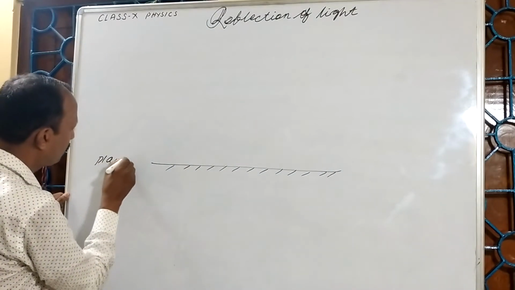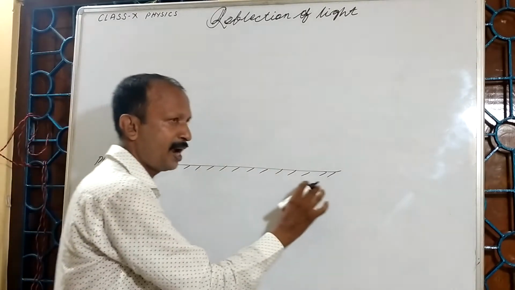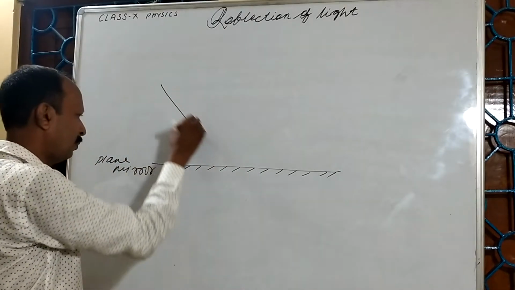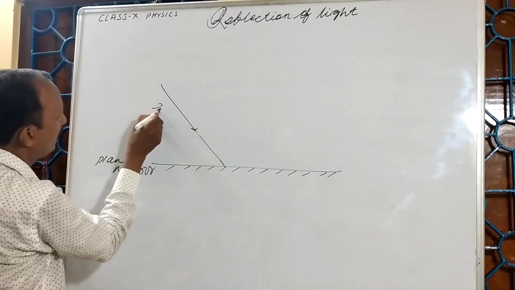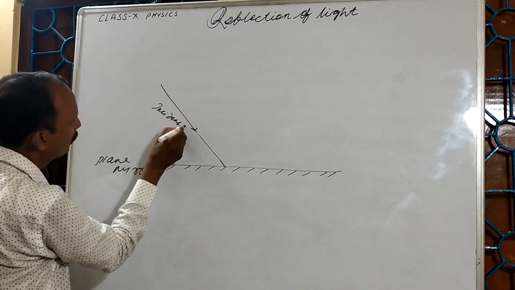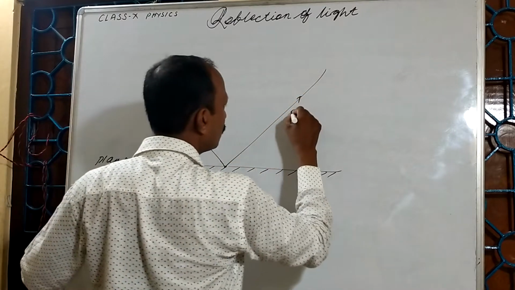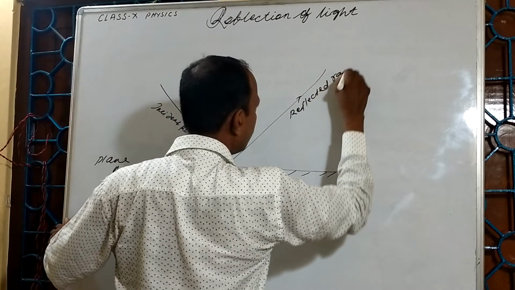So this is the ray diagram of the plane mirror. This is the plane mirror. This side represents the back side of the mirror. This is the front side of the mirror. Suppose a ray of light is incident here. This is the incident ray. This one is the reflected ray.